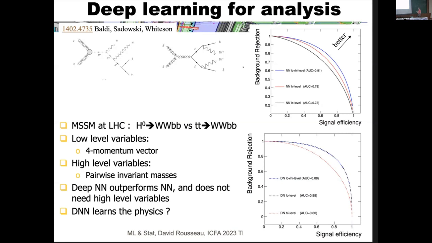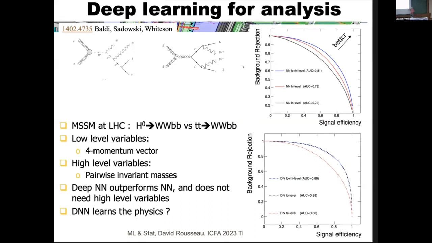And then they move to deep learning, so 3 layers, and it's not the same story. Here you have the high-level variables only, okay? And then better, you have either the low-level variables or the low-level with high-level variables. So the fact that these curves agree exactly means that the neural network is already extracting all the information from the low-level variable.